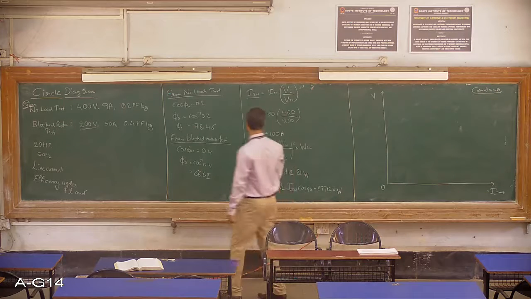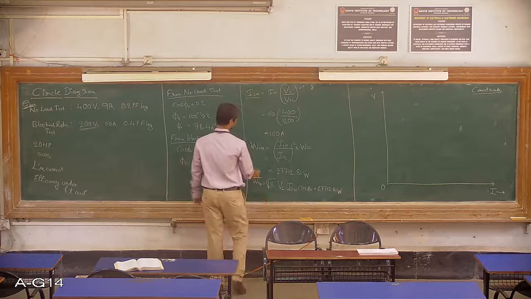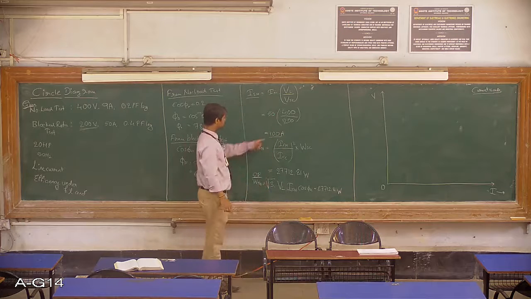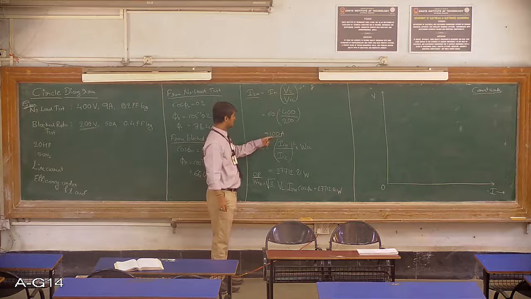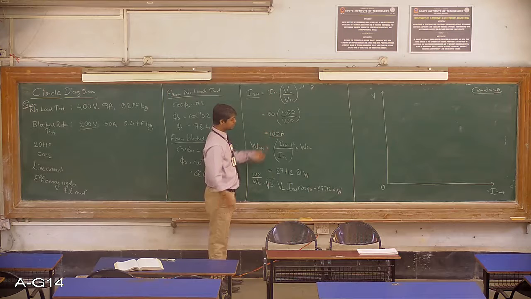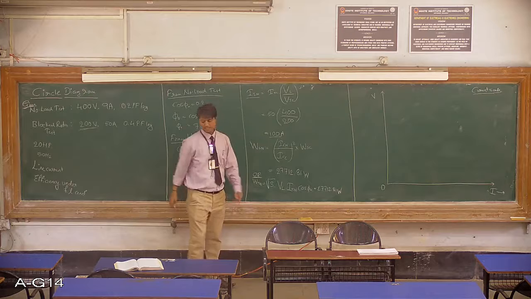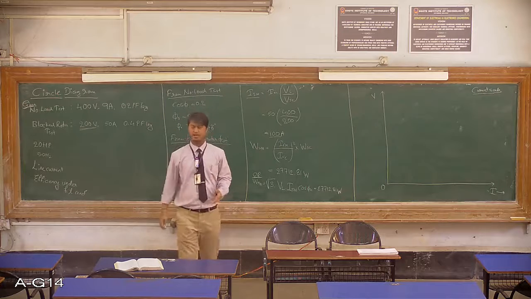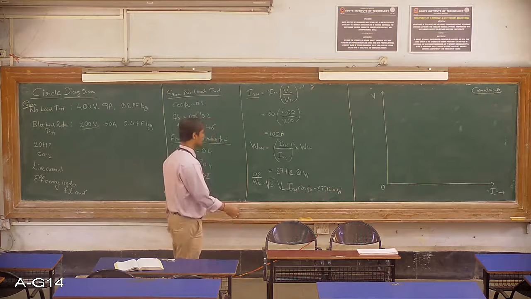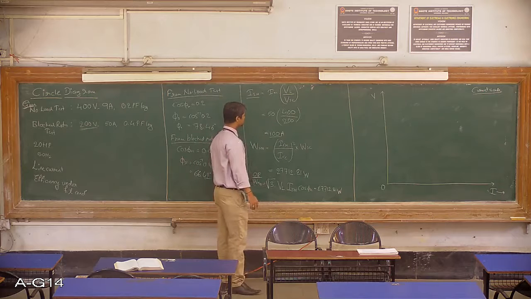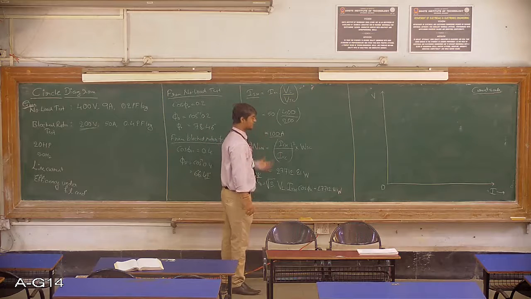Now the ISN is 100 amperes. This ISN we are going to draw on the graph page, okay? And we know that our graph page is hardly 20 to 30 centimeters. So the entire diameter should not be more than 20 centimeters.